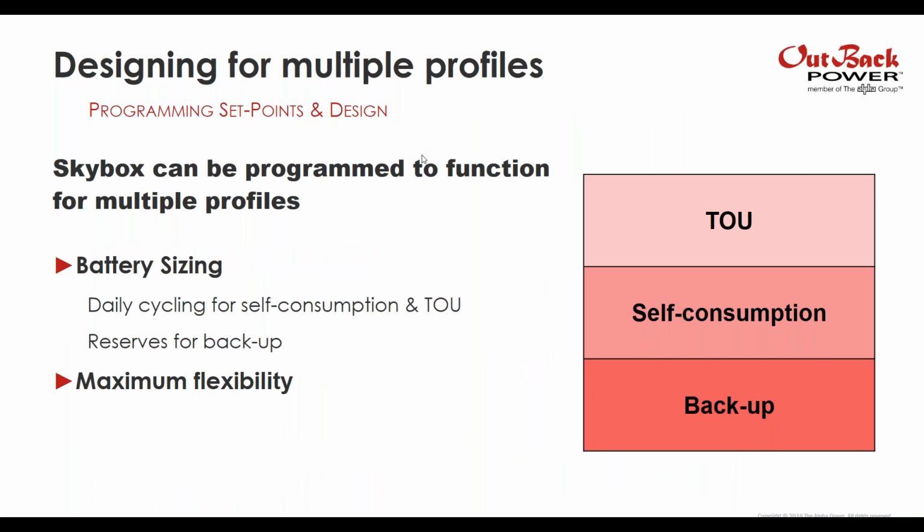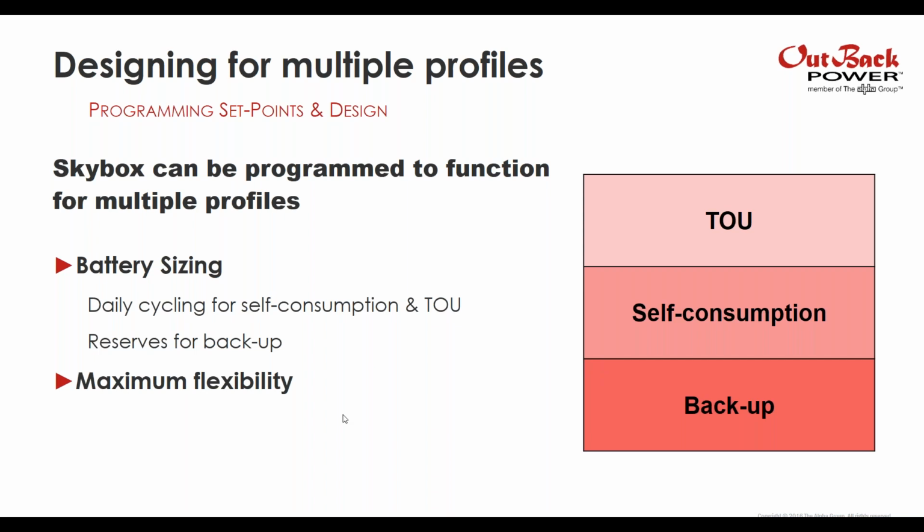SkyBox is set up to work with multiple different profiles depending on what's best for your particular application. And then SkyBox can be programmed to function depending upon whatever the homeowner needs. So with respect to battery sizing and flexibility, SkyBox allows you to size your battery, for example, time of use, self-consumption, and backup.